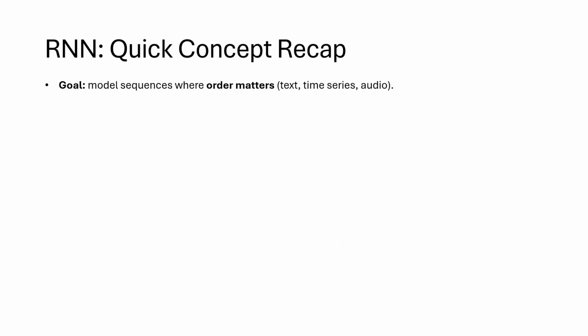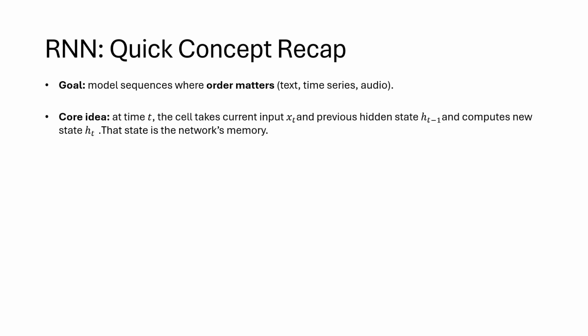The goal of an RNN is to try and make predictions or classifications where order matters, for example in texts, time series data, or audio. The core idea is that at time t, the cell takes the current input xt and the previous hidden state and computes the new state. That state is the network's memory.